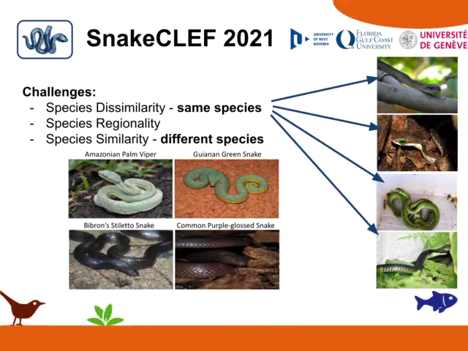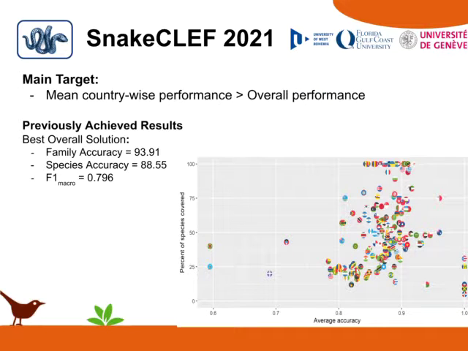To illustrate the difficulty of the problem, we can see here on the right 4 individual snakes of the same species, whereas what you see on the left is individual snakes of 4 different species. As you see, the intra-class variability can be very high, and on the opposite, some different species can be very similar, which illustrates the difficulty of the problem.